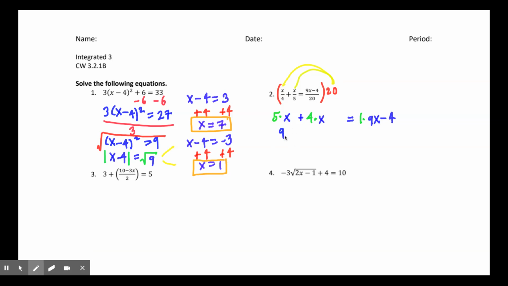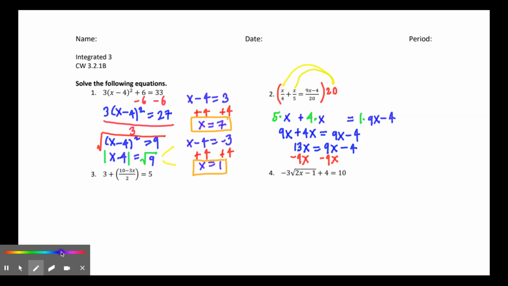So then you get 9x plus 4x equals 9x minus 4. So that's 13x equals 9x minus 4. And then subtract 9x. And then you get 4x equals negative 4. So x equals negative 1.